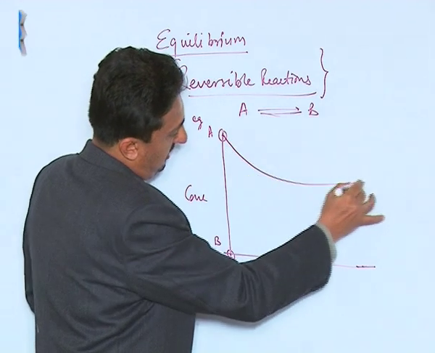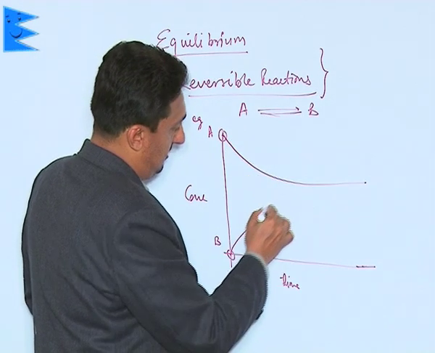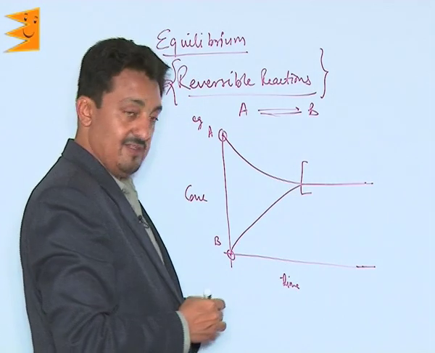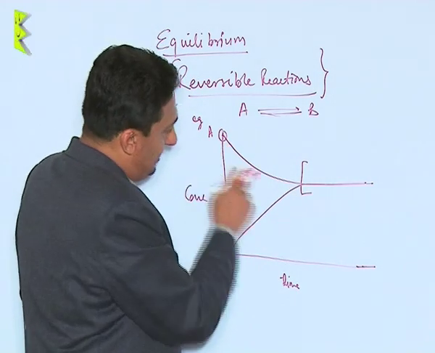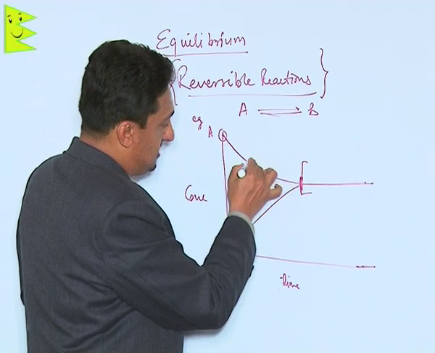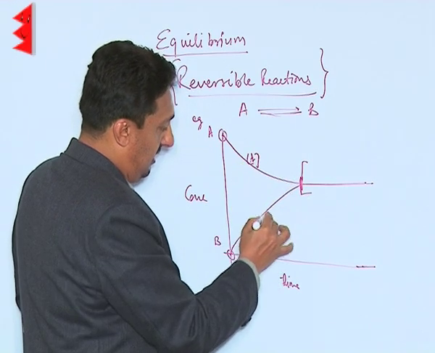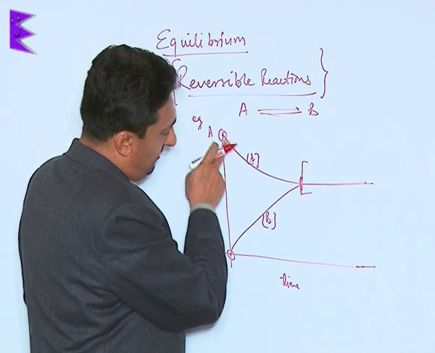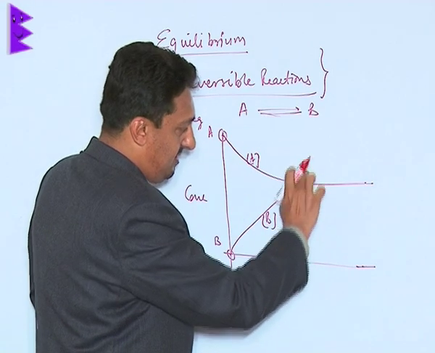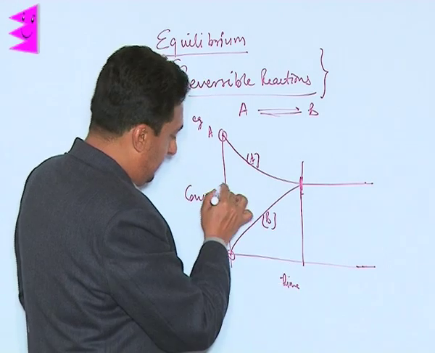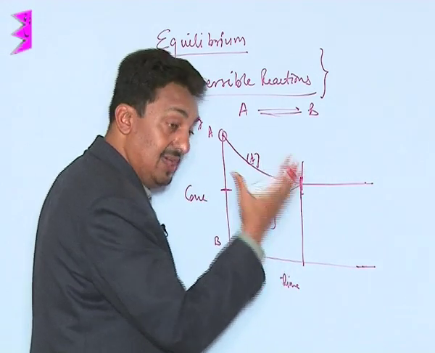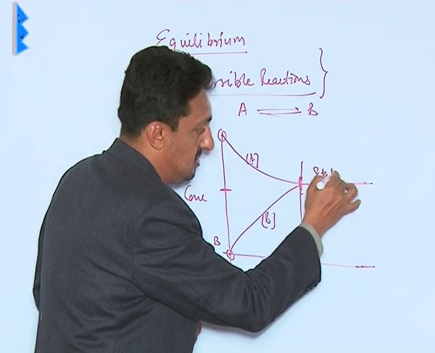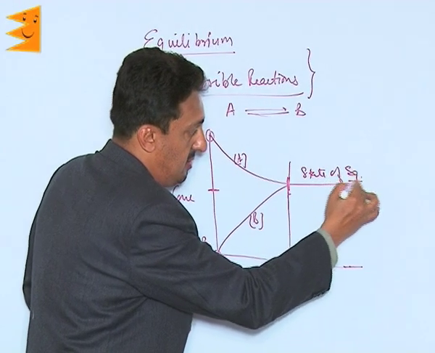The concentration of A goes like this, the concentration of B goes like this, and after this they have the same concentration. Till this point, the concentration of B is increasing and the concentration of A is decreasing, but after this point their concentrations are not showing any change with time. It means this is the state of equilibrium.